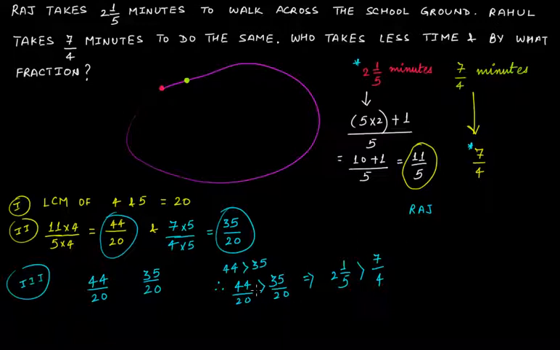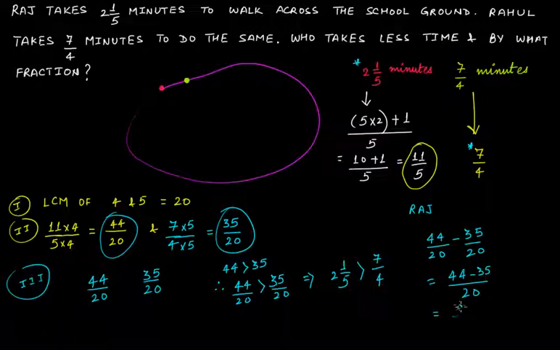If we subtract 35 over 20 from 44 over 20, we will get that fraction. Why are we subtracting 35 over 20 from 44 over 20? Clearly, since this fraction is greater than this fraction, we will subtract this fraction from this one. Since we are subtracting two like fractions, the denominator will be 20, and this is 44 minus 35.